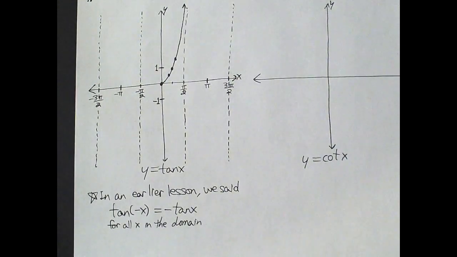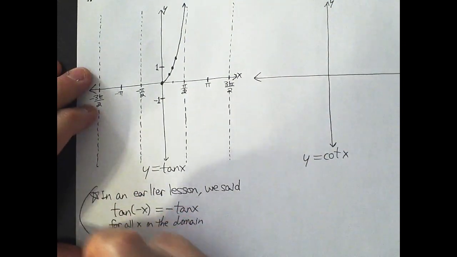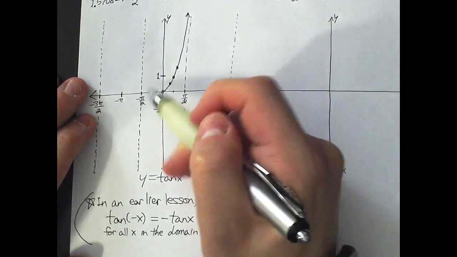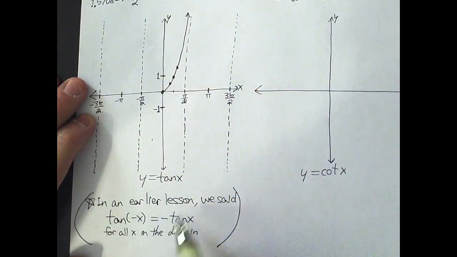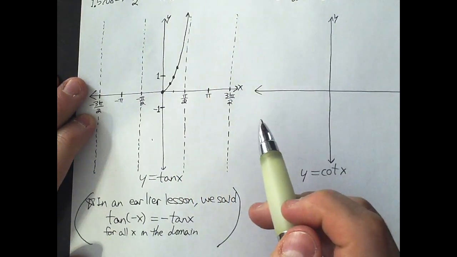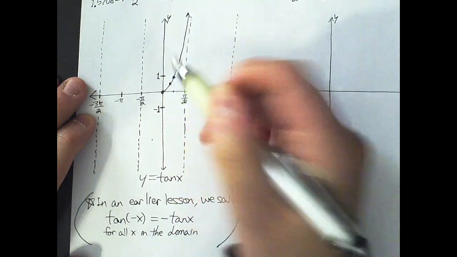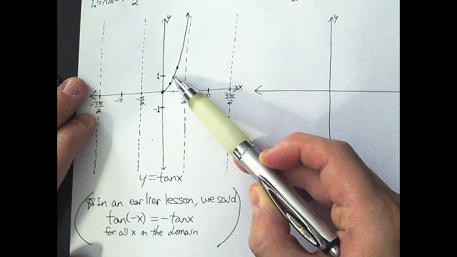Now, what consequence does this have on the graph? Like, why am I bringing this up now? I brought this up because it means we can figure out what's going on in this part of the graph based on this fact and based on the stuff that we already drew. It means that, take this point, for example. This point right here was at pi over 4, comma 1.